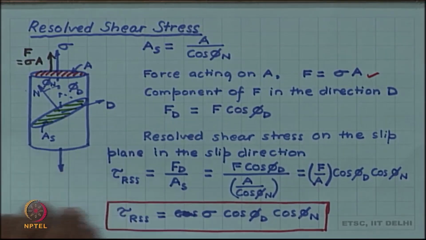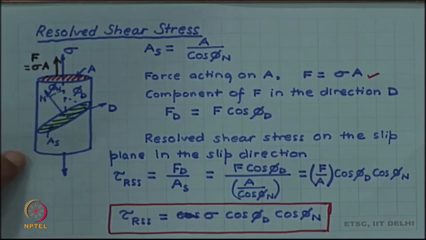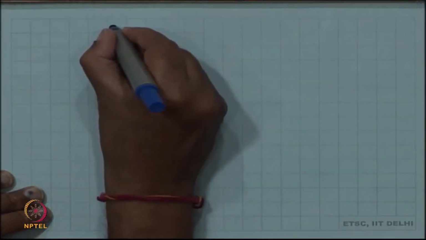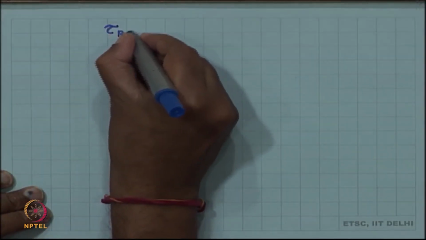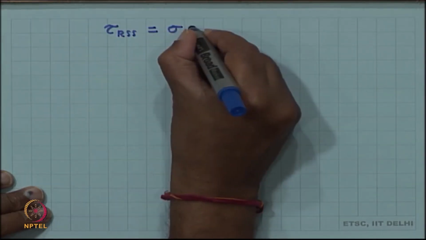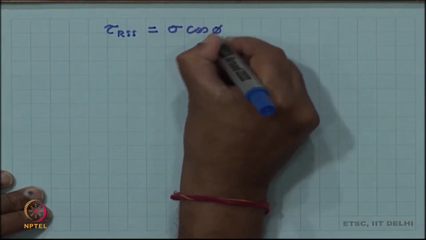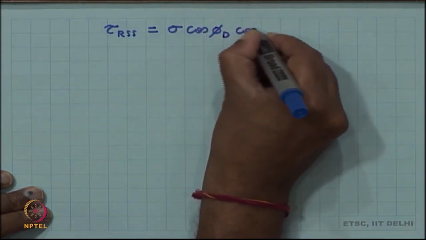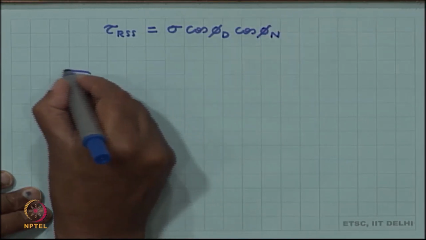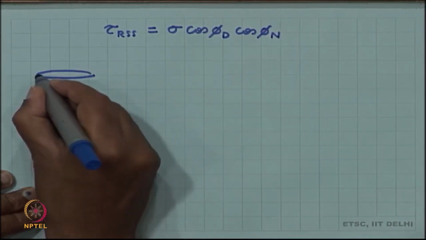Let us look at some of the consequences of this relationship. So, we have tau RSS is equal to sigma cos phi d cos phi n, and this is our sample.